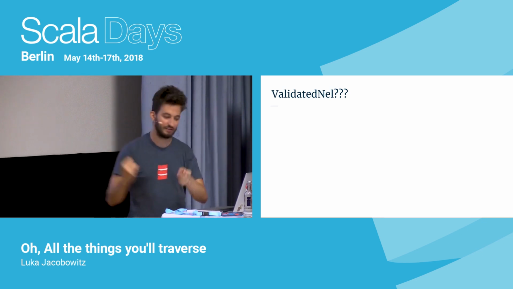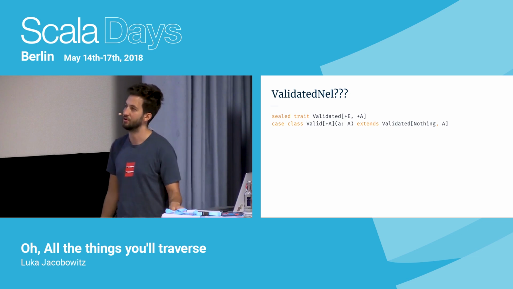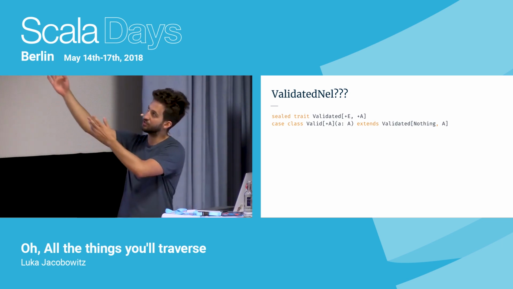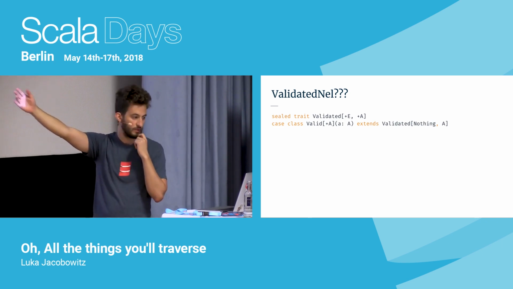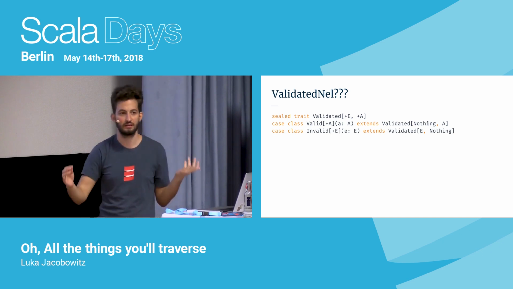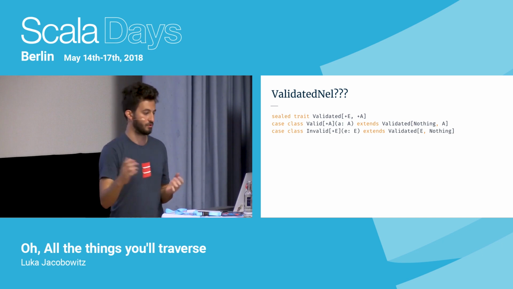Right, so what the hell is ValidatedNel? That sounds weird. So in Cats, we have this thing called Validated, and basically it represents either a valid case, which has a value of A, or an invalid case, which has a value of E. So it's isomorphic, or similar in shape, to Either.